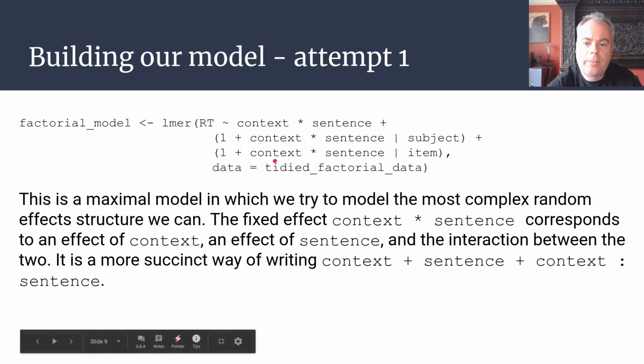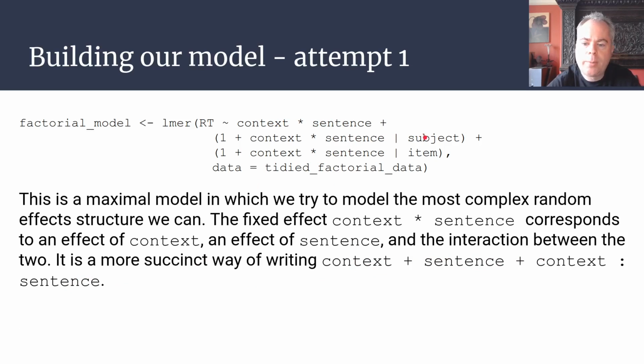So we've got our fixed effects, and then we're going to model our random effects, such as we've got a random effect of subjects and a random effect of item. And initially, at least, we're going to try and model these random effects such that we're expecting our main effects plus the interaction term to differ for each of our participants and also to differ for each of our items.